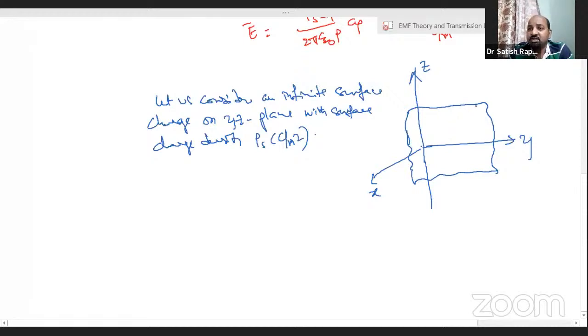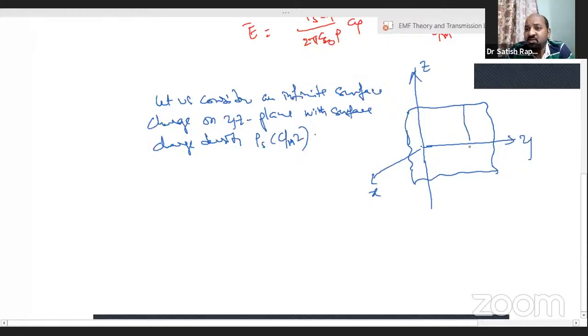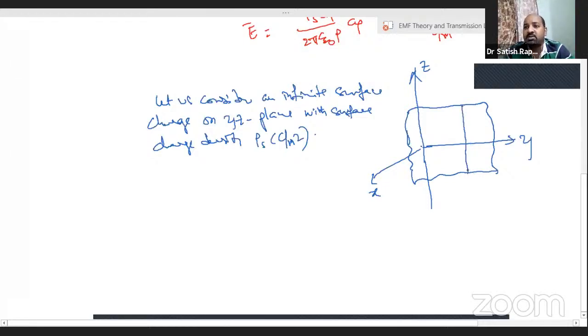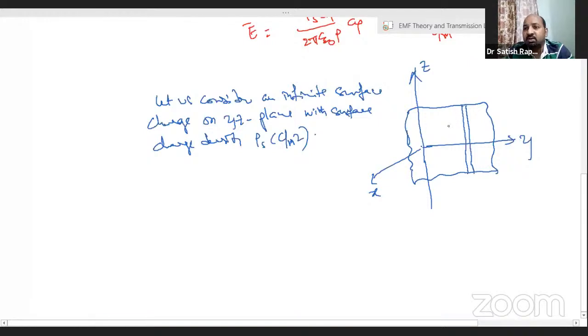As I just discussed, the surface is formed by joining lines. Therefore, let us consider a differential width strip.